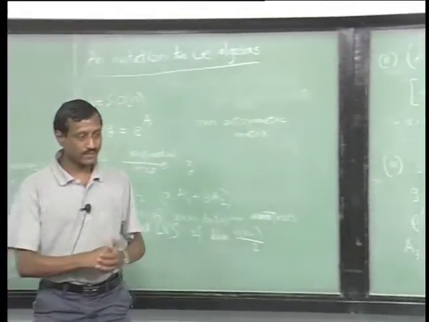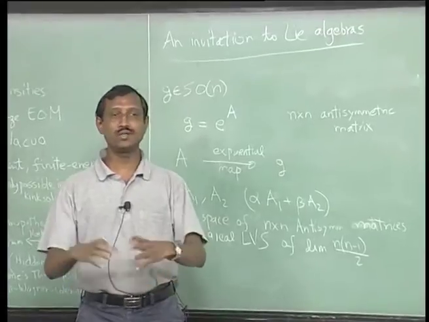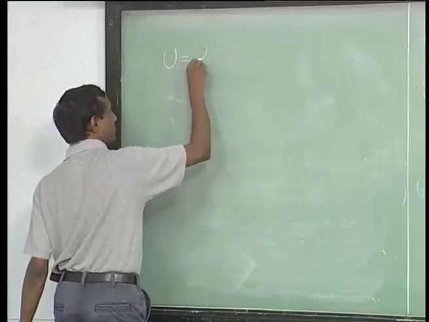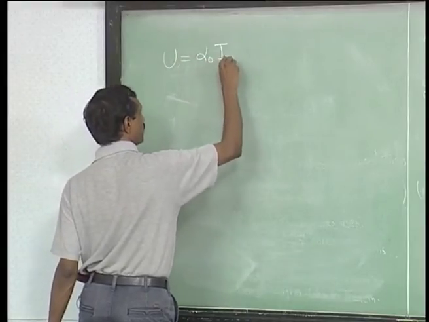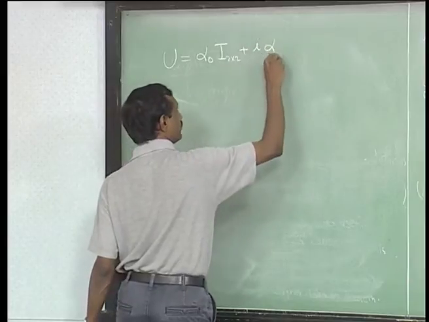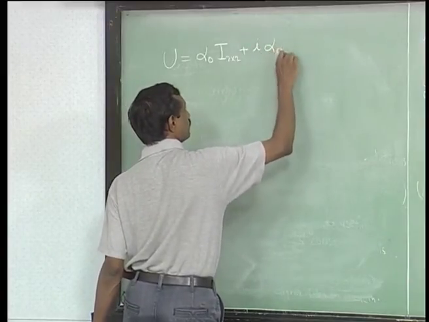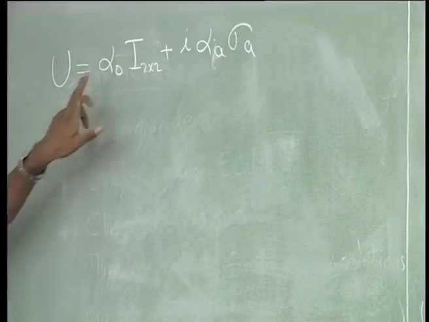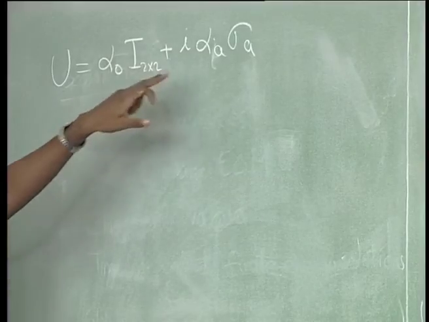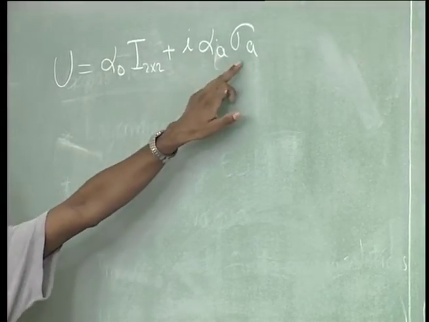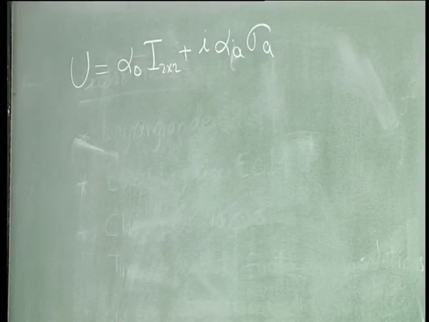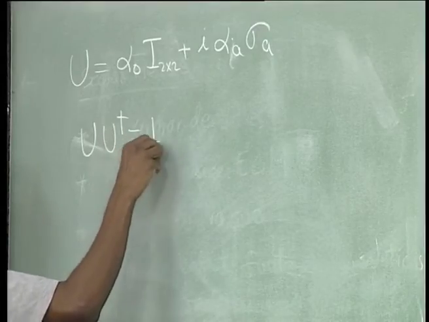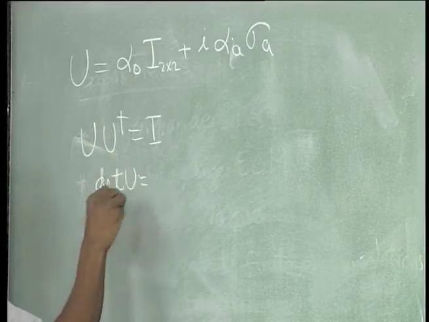One more important point: in one of your assignments, I gave you an arbitrary 2 by 2 matrix with 4 numbers alpha 0, alpha 1, alpha 2, alpha 3, with sigmas the Pauli matrices, and I asked you the conditions under which u dagger u was equal to 1 and the determinant of u was equal to 1.